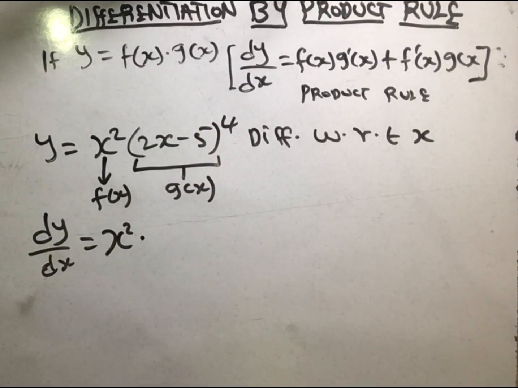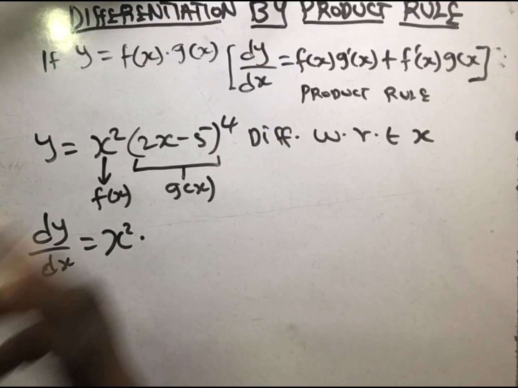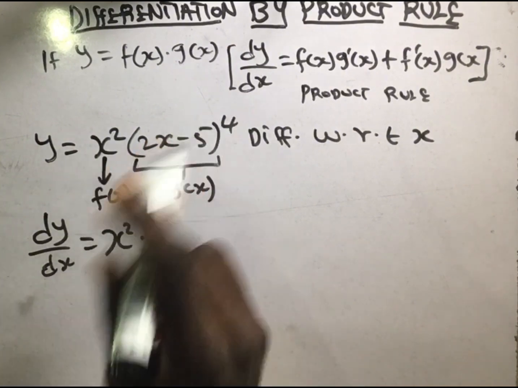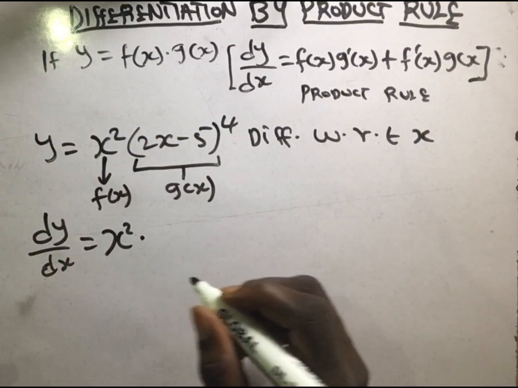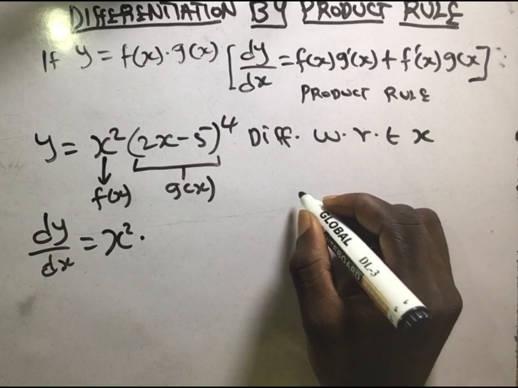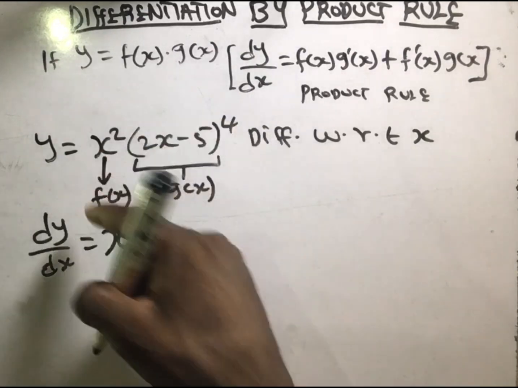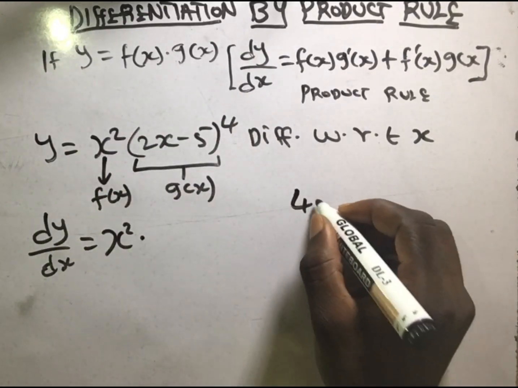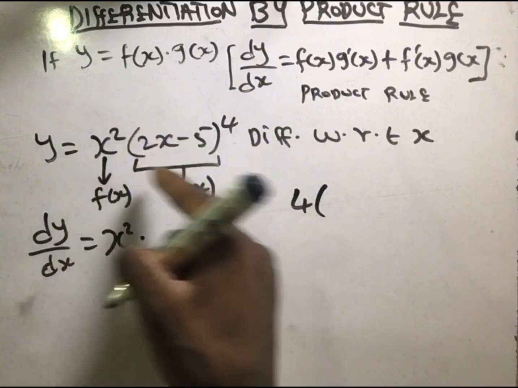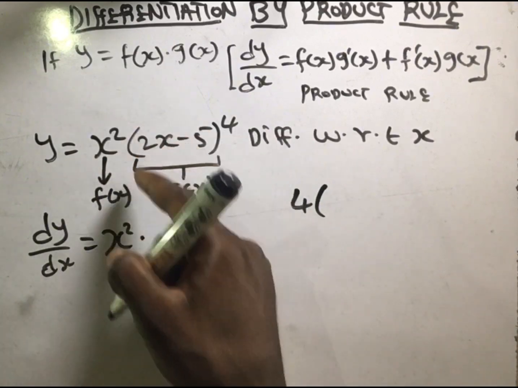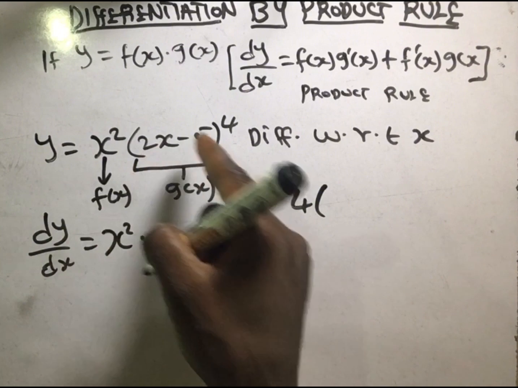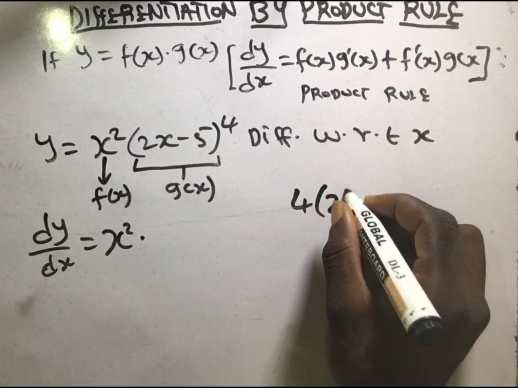Now from our chain rule, like I said, if you've not watched my chain rule video, please do well to watch them so that you can understand how to do this very easily. But let's differentiate this using chain rule. In chain rule, differentiating this will be, you bring down the power 4, you differentiate what is inside. What is inside is 2x minus 5. Differentiating 2x minus 5, you have 2, right?